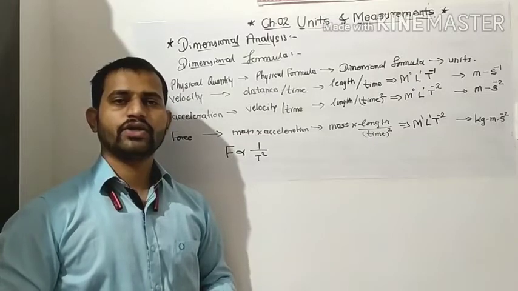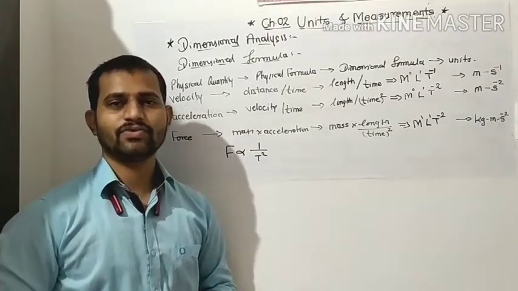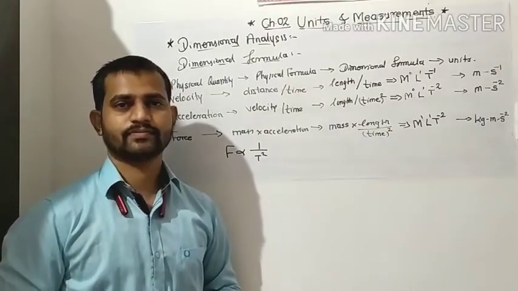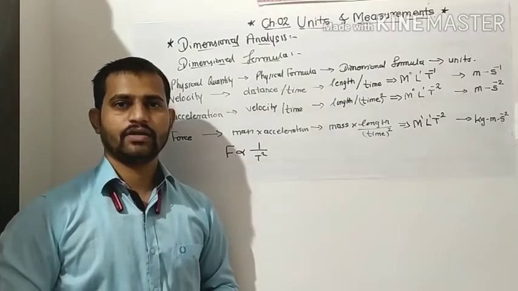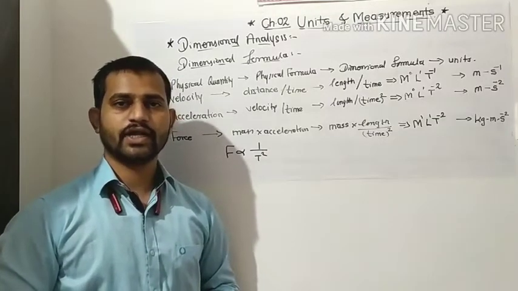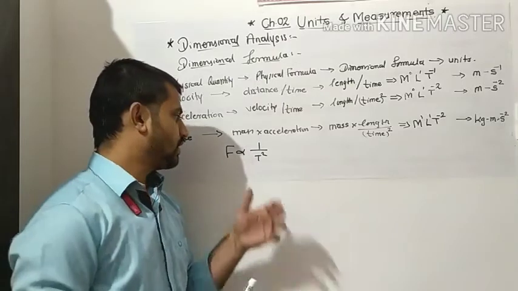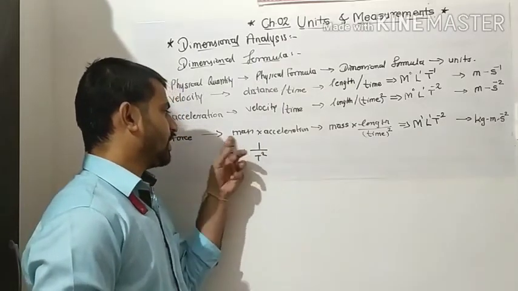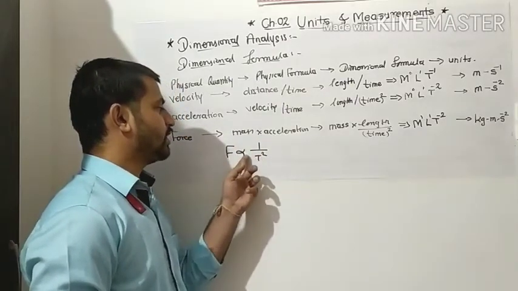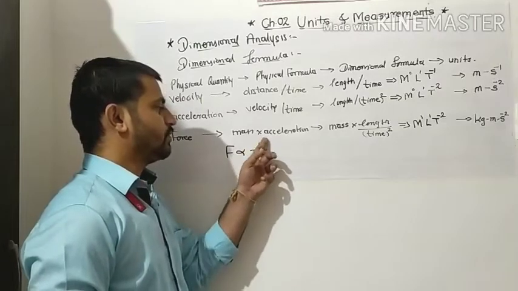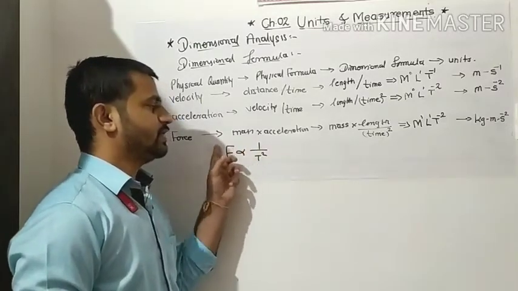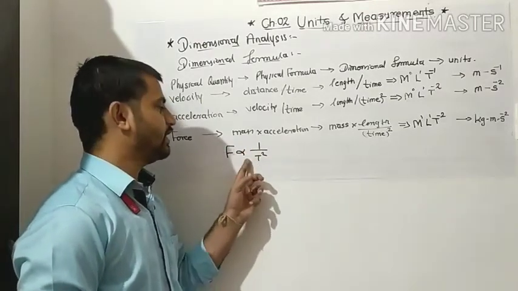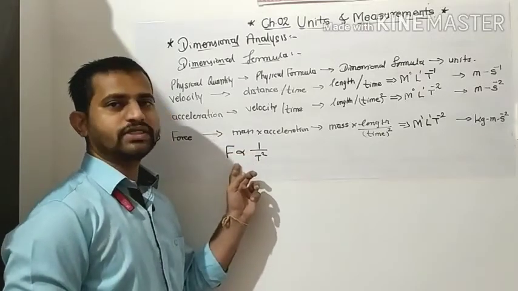We have to increase the force by 3 times. Suppose we have to reduce the time period from 30 seconds to 10 seconds, then we have to increase the force by 3 times. So like this, we can say on which fundamental quantity this physical quantity depends, and it will directly tell us how much it depends.